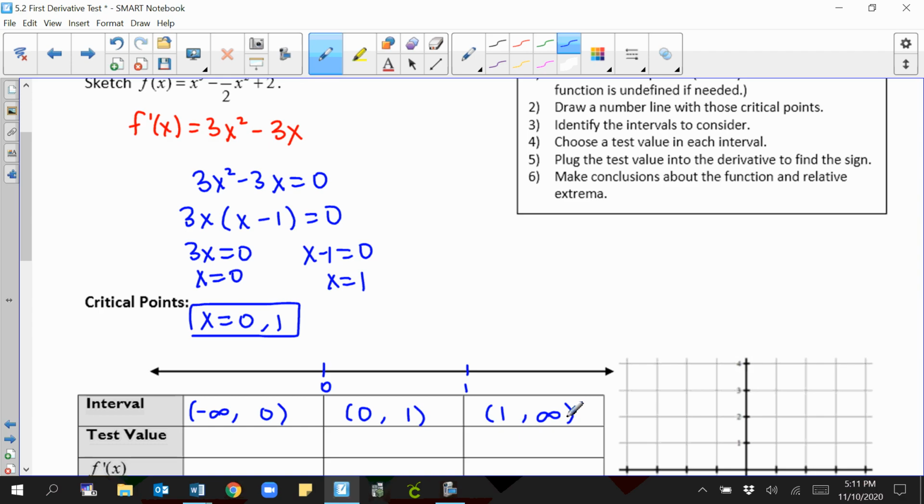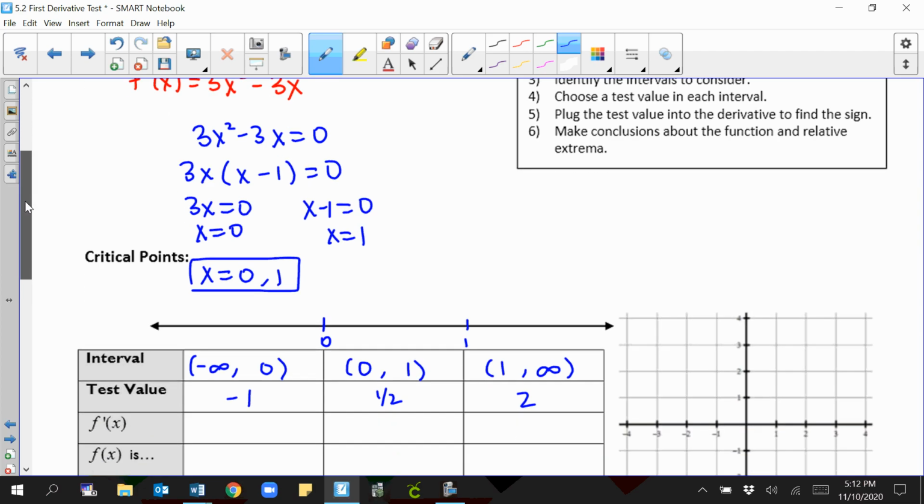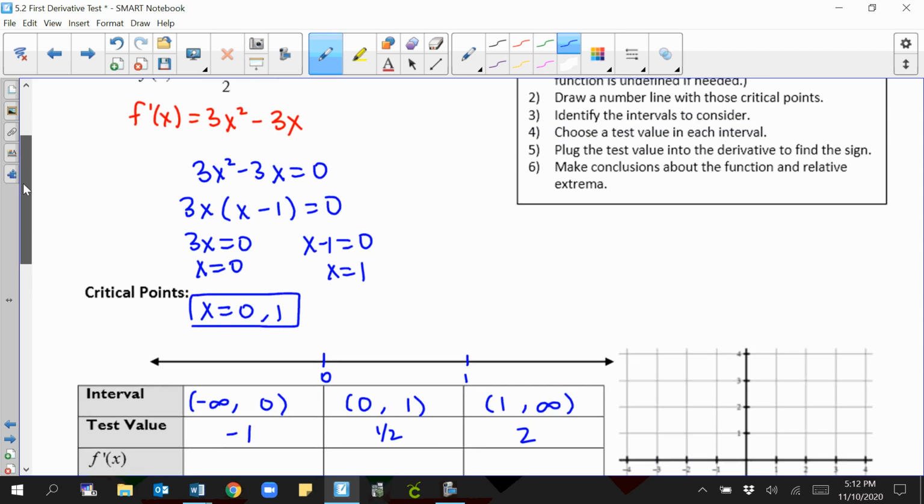So this time, since I don't have a graph where I can very clearly see if it's positive or negative, or increasing or decreasing, what I'm going to do is pick a test value. So if I'm looking from negative infinity to 0, I'm going to pick some number, let's say negative 1, that falls in that interval. Then between 0 and 1, let's do 1/2. And from 1 to infinity, let's do 2. So those are my test values that I'm going to pick.